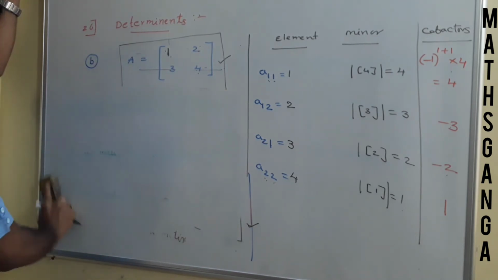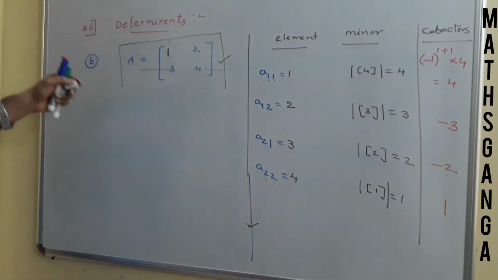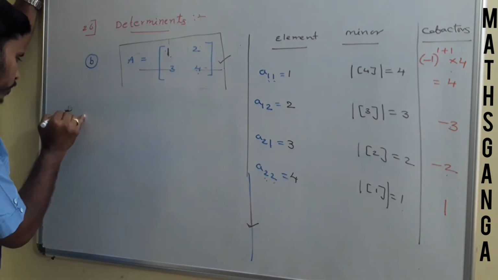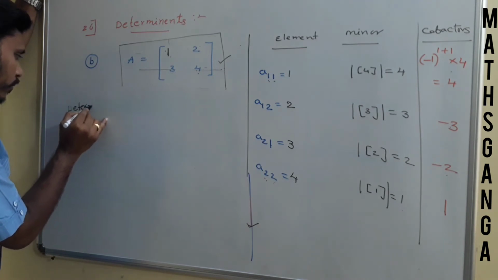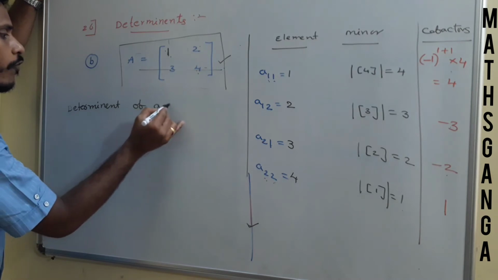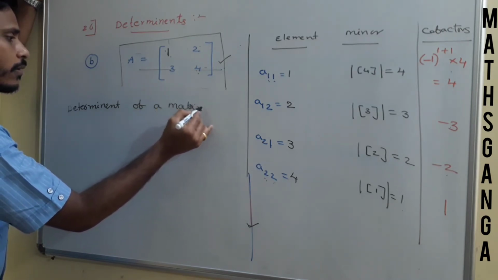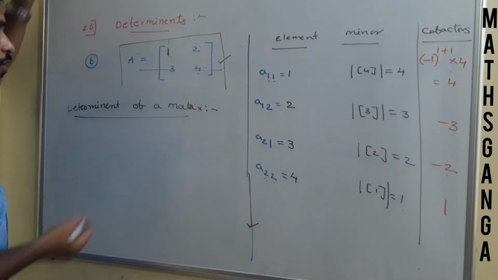For 2 by 2, 3 by 3 and everything, the basic definition of the determinant is simply this.